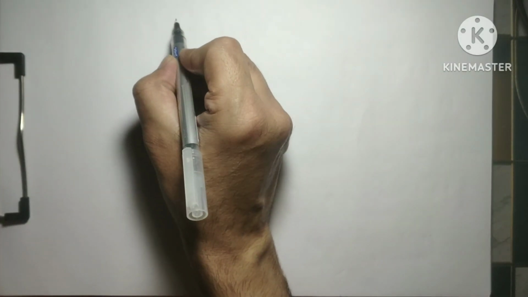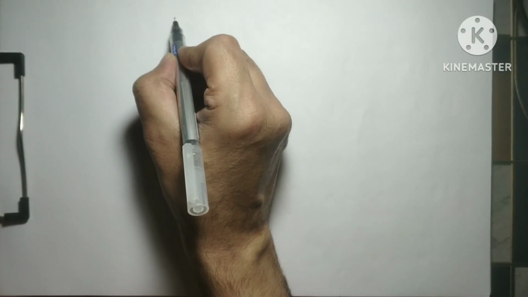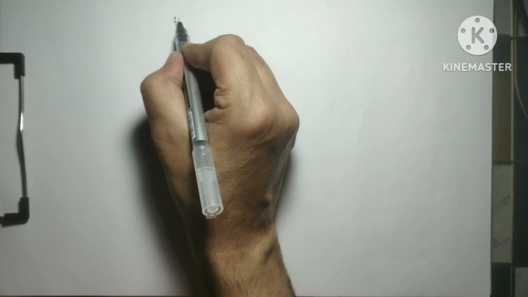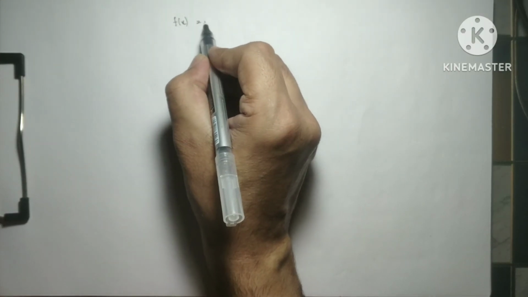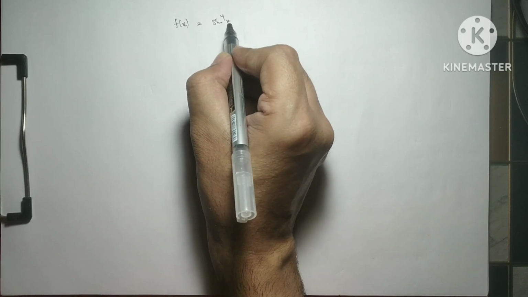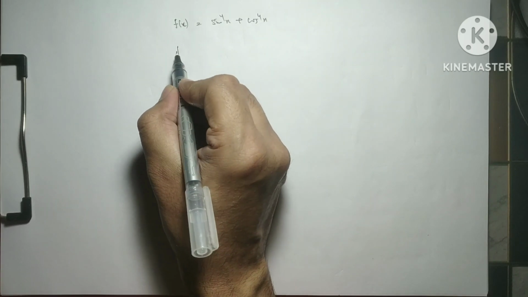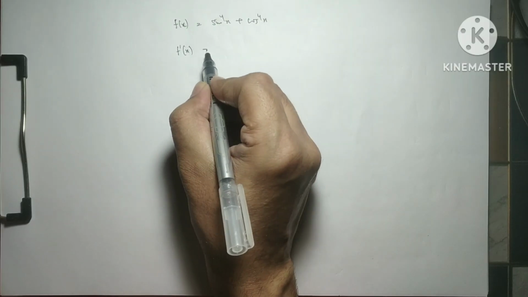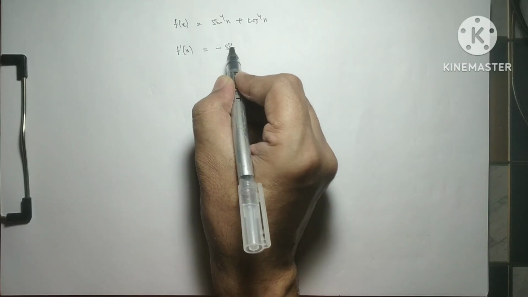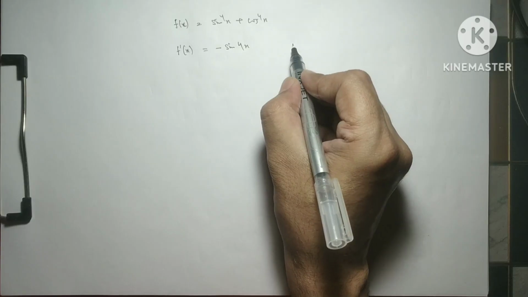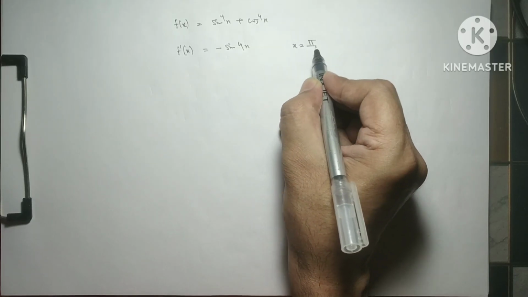So right now you have the function f(x) is sin 4x plus cos 4x, and the first derivative as minus sin 4x, and you have a point x is pi by 4.